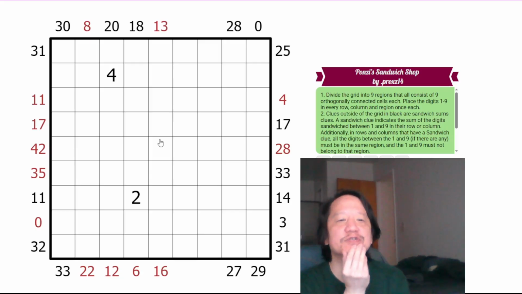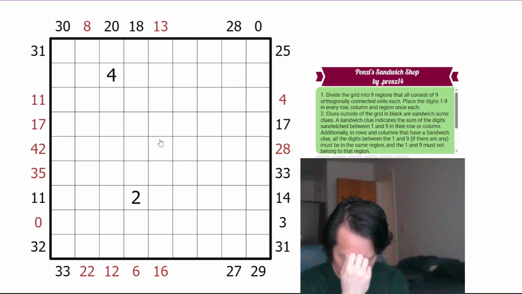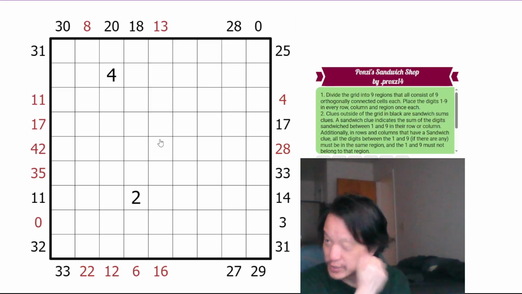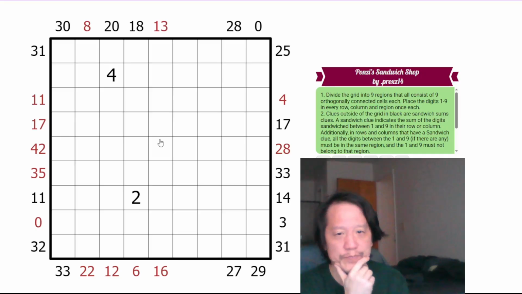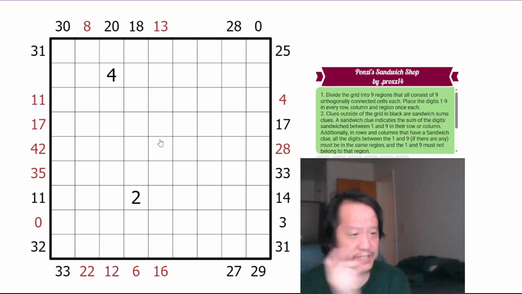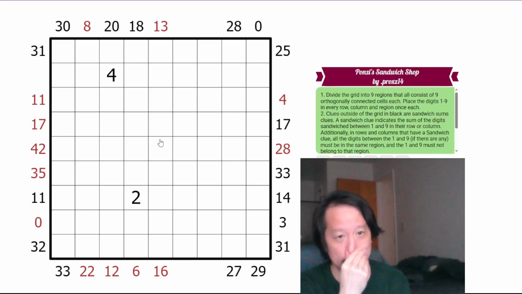Probably the easiest ones to get some logic on are the ones that are basically a similar type of rule, because it's just basically one or the other, right?